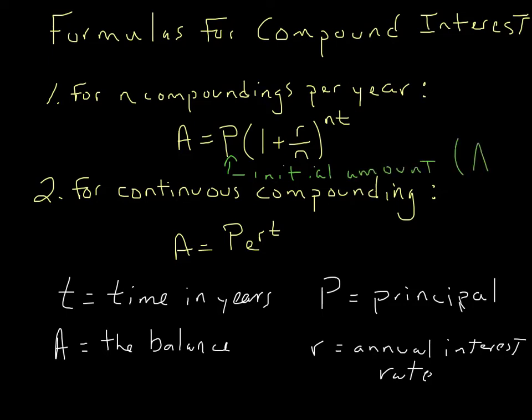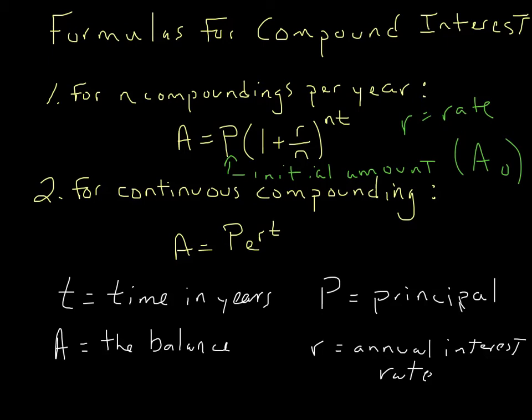Sometimes you'll see it called A0 for your initial amount. N is the number of compoundings per year, how many times you're going to compound the interest per year. R is the interest rate, and T is the time in years.